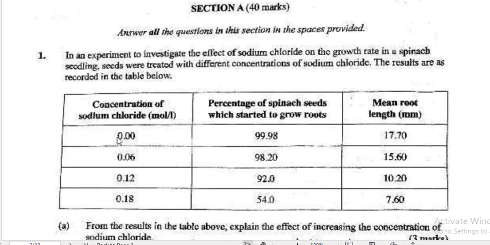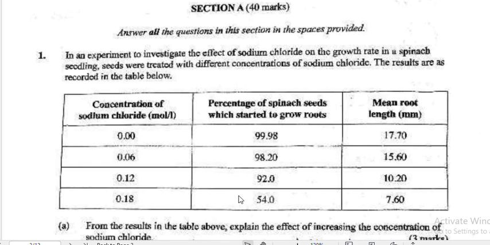As you can see, in the first column, we have concentration of sodium chloride in moles per liter: 0.00, 0.06, 0.12, 0.18. You can see it is increasing. Then percentage of spinach seeds which started to grow roots: 99.98, 98.20, 92.0, 54.0.